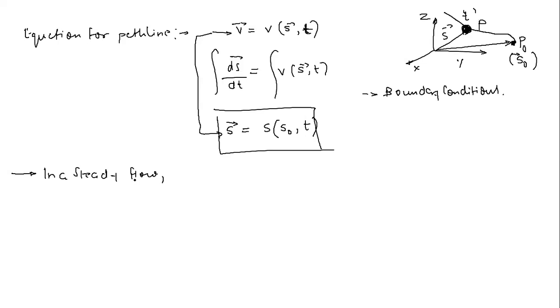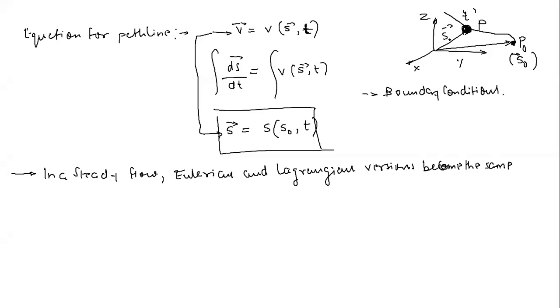So in steady flow, what happens? The Eulerian and the Lagrangian versions, just remember, both become the same. Because I am saying the velocity vector at this point p is not changing with respect to time.